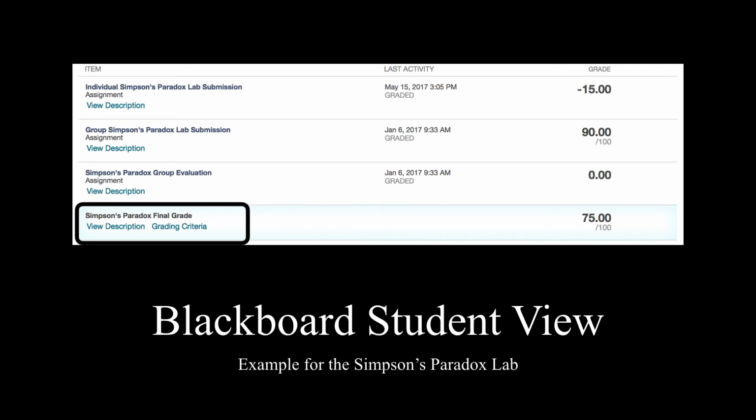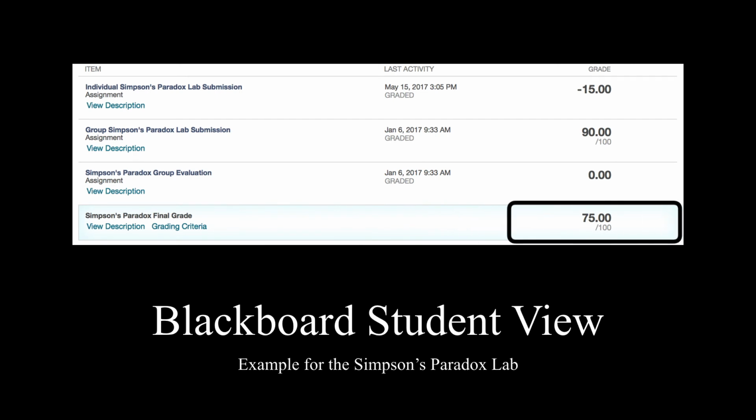You see that this final grade is the 90 minus the 15, which gives them a 75. Therefore, their final Simpson's Paradox grade would be a 75. As I said, this is how most labs will be seen inside the Blackboard Grade Center. If you have any further questions, you should reach out to your instructor.